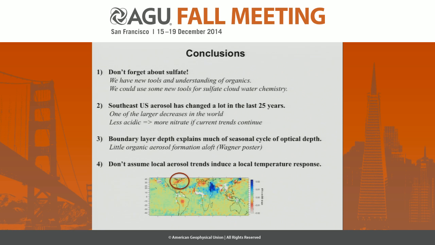And the models disagree wildly on the fraction of wet oxidation to dry oxidation of sulfate. I did a little metric before this talk, looking at the rate at which papers are being published on organics, climate, and aerosol, and sulfate, climate, and aerosol, and then comparing it to the radiative forcing.